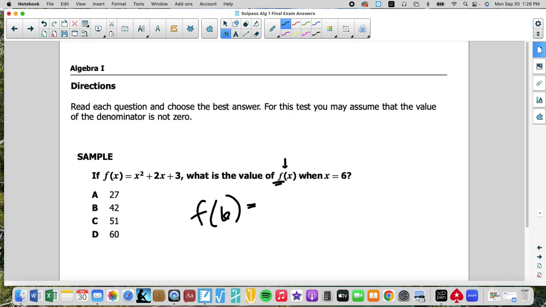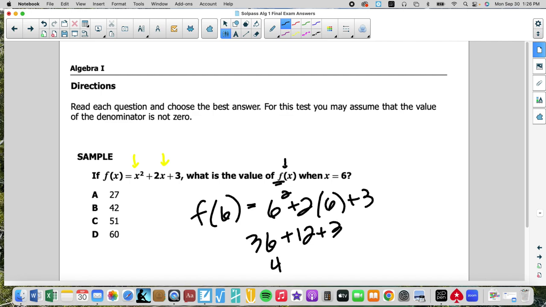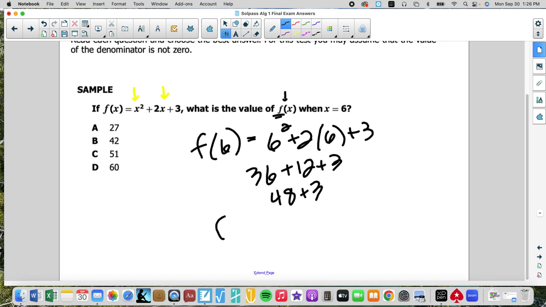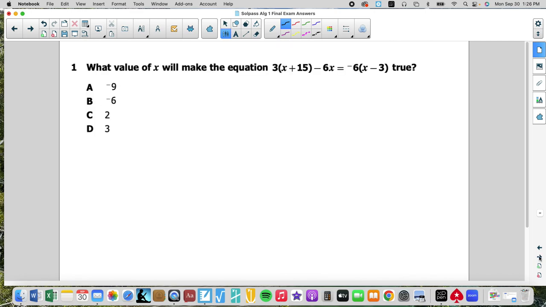So wherever we see x, we are going to plug in a 6 for that value. f of 6 equals 6 squared plus 2 times 6 plus 3, which is 36 plus 12 plus 3, which is 48 plus 3, which is 51. So f of 6 equals 51. That would be C as our sample problem to warm up.